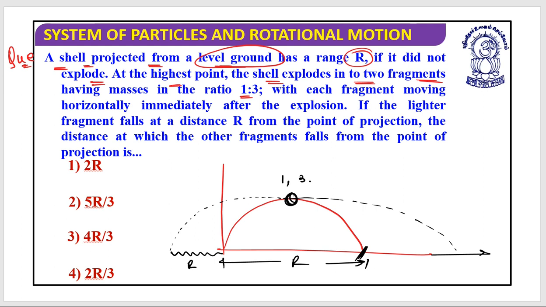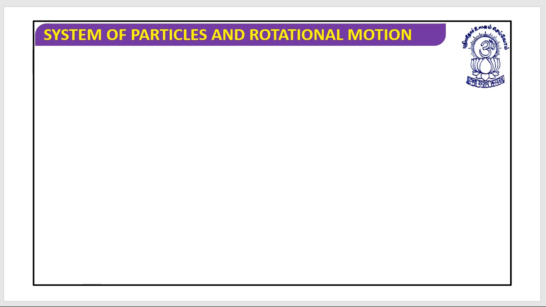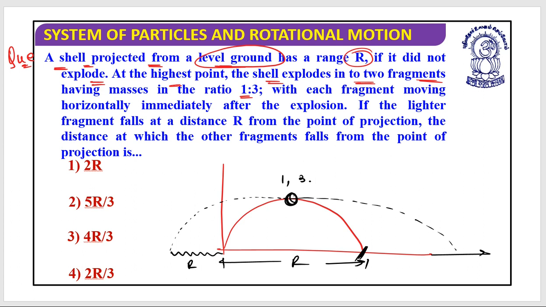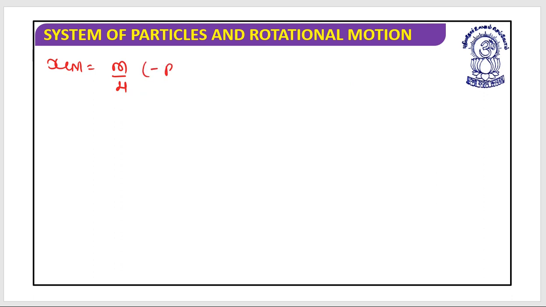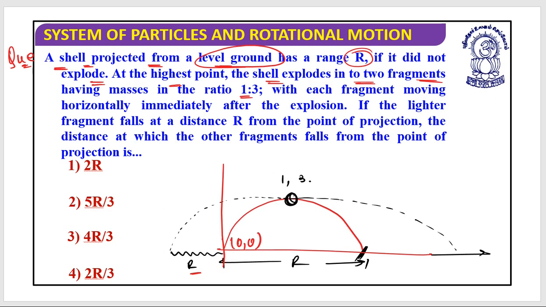So let's do this. xcm is equal to m by 4 into, initially this was considered as 0 comma 0, so this is negative of this, so it's m by 4 into minus r, plus another mass 3m by 4 into x2, divided by total mass m. And the xcm is the range traveled if it did not explode.